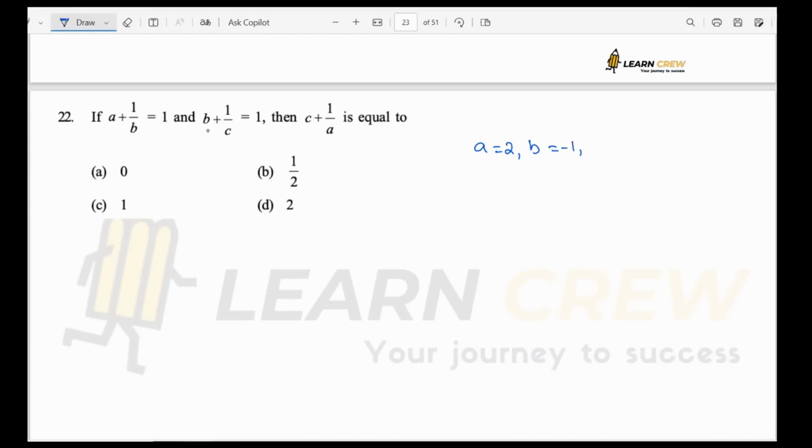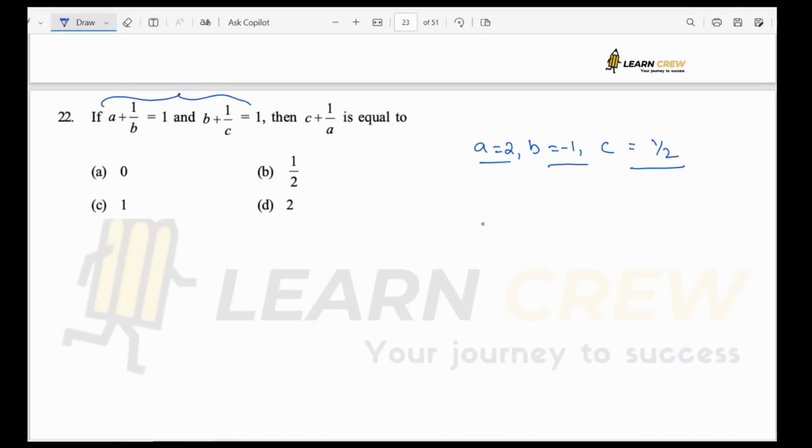So I am taking c as 1 by 2. 1 by 1 by 2 is 2. 2 minus 1 is 1. Satisfied? Yes or no? I am taking a as 2, b as minus 1, c as 1 by 2, which is going to satisfy these two.